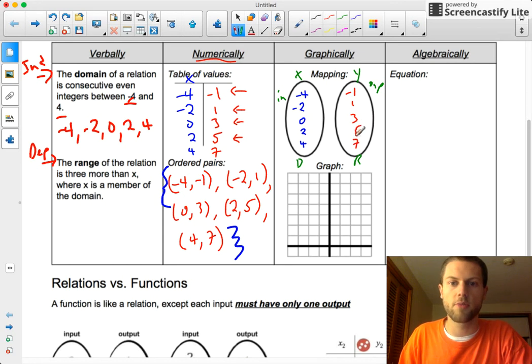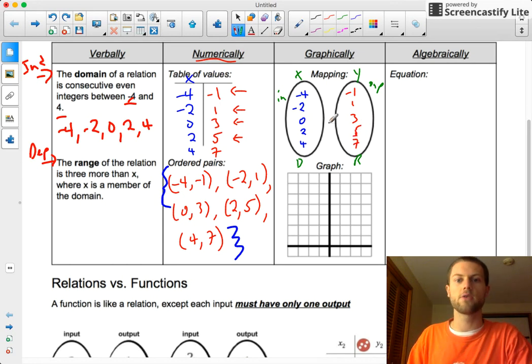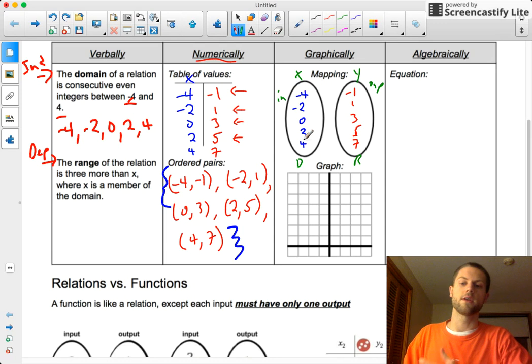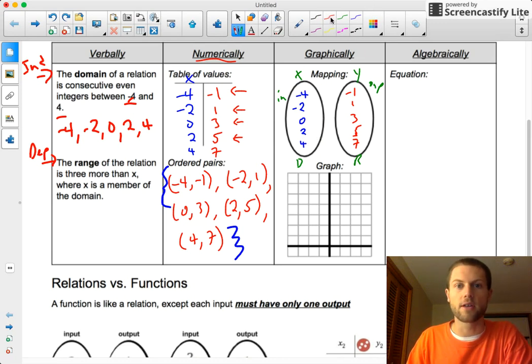Right now this is probably looking a lot like the table of values, except all of our numbers are in this oval, these bubbles. But what makes a map different is that we actually show how these inputs produce the outputs. When we say map, we mean that we are pointing towards a value.